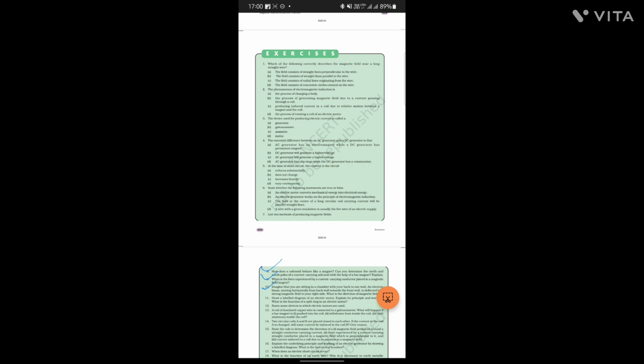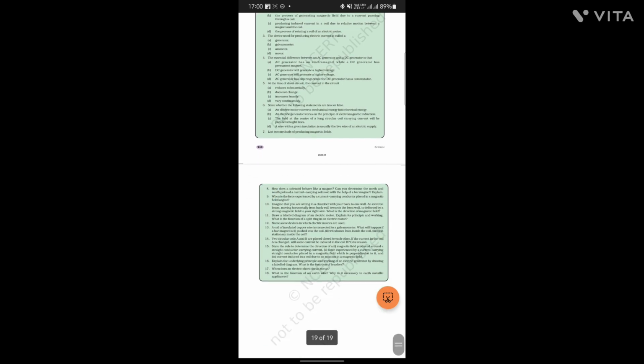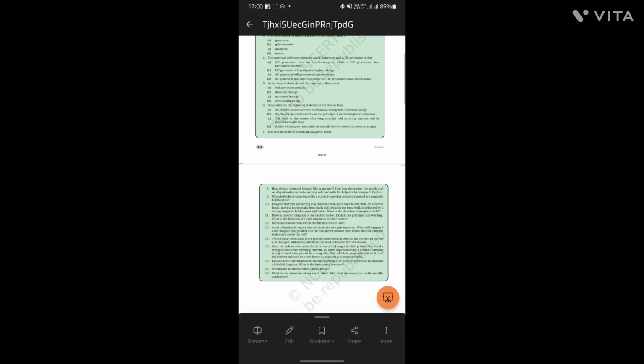Apart from these, as per your syllabus, question number 18 becomes important. And from 15, bit 1 becomes important and bit 2 becomes important. So go through these questions.